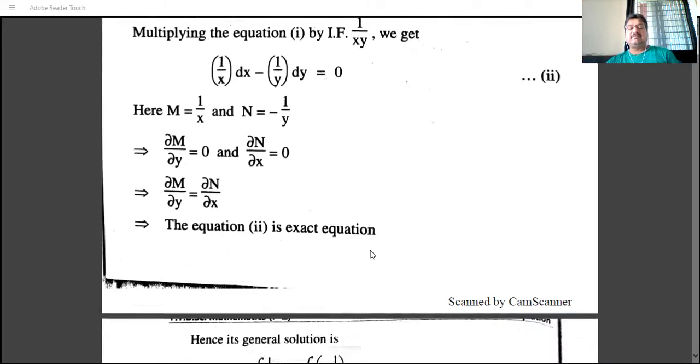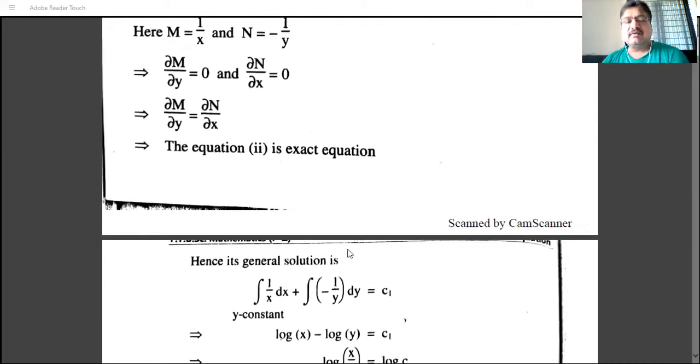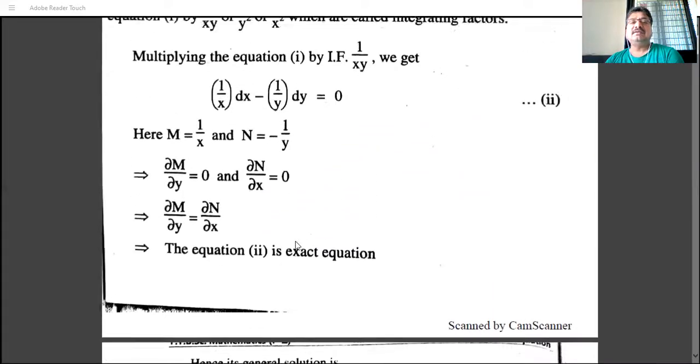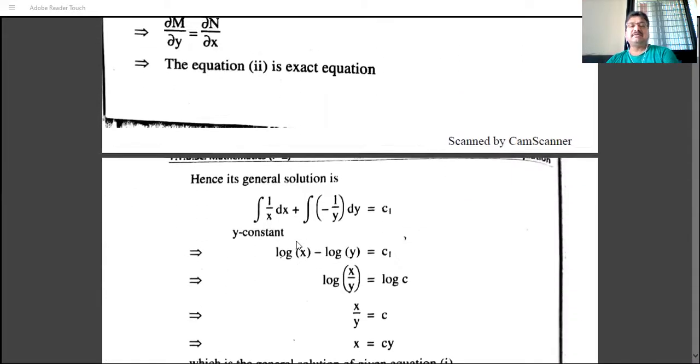Therefore this equation number 2 is an exact differential equation. And we know how to find the solution of an exact differential equation.